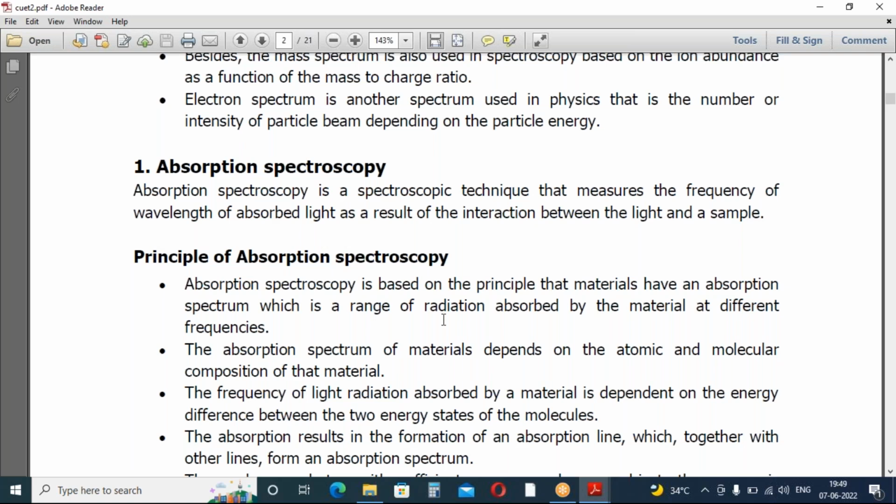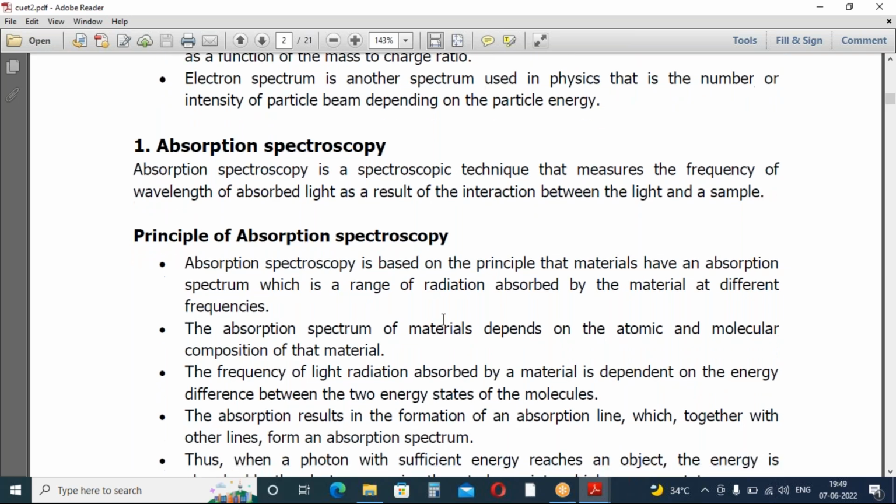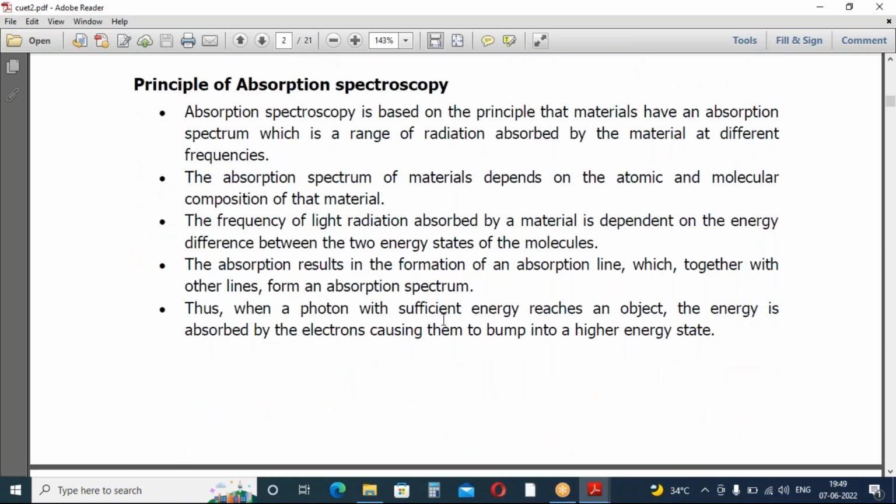Depending upon the absorption power of the molecules, which may differ at different frequencies, the molecules vary with their composition or structure. This absorption spectra mainly depends upon the atomic and molecular composition. The frequency of light radiation that is absorbed depends upon the energy difference between the states of the molecules.